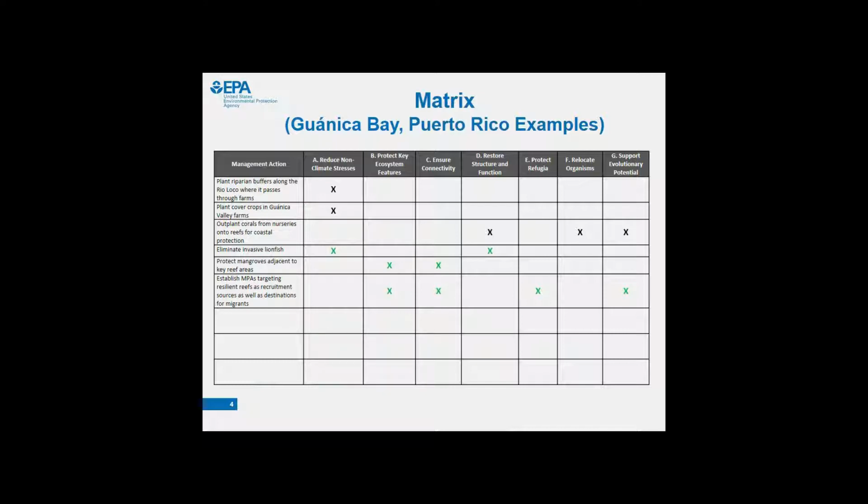Likewise, for mangroves, we can think about the importance of connectivity between mangroves that are adjacent to coral reefs because, for instance, certain fish species spend part of their life cycle in each system, and there needs to be connectivity. And you can consider mangroves a key ecosystem feature that is essential, being an adjacent habitat to the success of coral reefs.